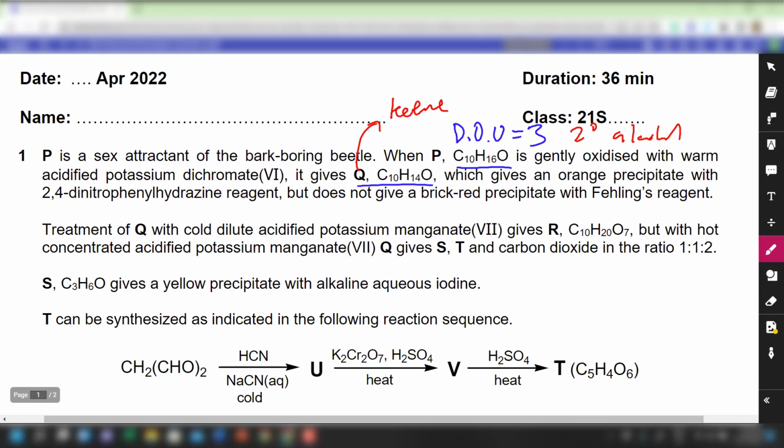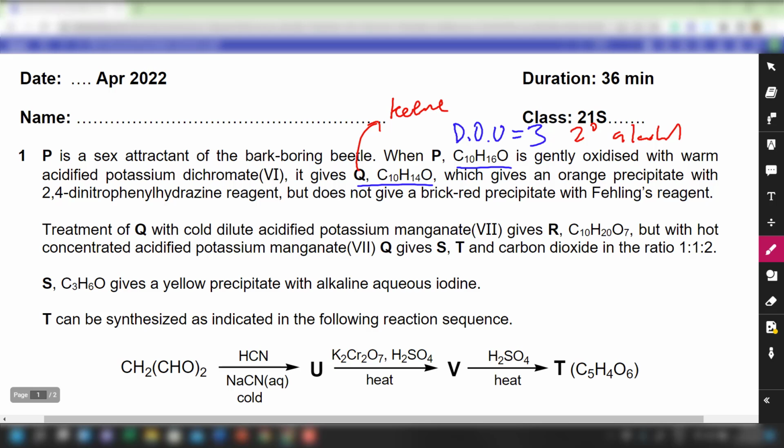Why is it that we can conclude in this particular manner? First of all, what we want to focus on is that P contains 3 degrees of unsaturation, so it can have a combination of 3 double bonds, 2 double bonds and 1 ring, etc. And with an oxygen, it could be either a ketone or an aldehyde.